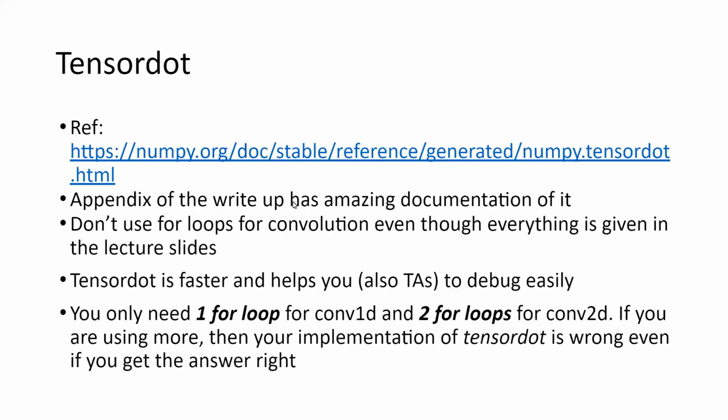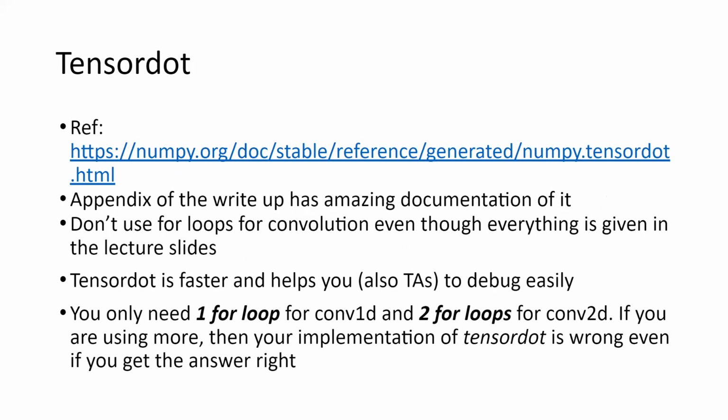So tensor dot is basically a function in NumPy. In a nutshell, tensor dot actually does the convolution operation for you. When you have an image and you have your kernel or filter that you want to convolve your image with, the intuitive approach is to place the kernel on the image and then slide that kernel over the entire image.